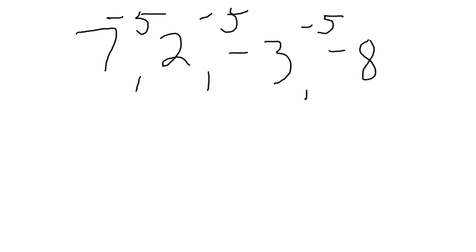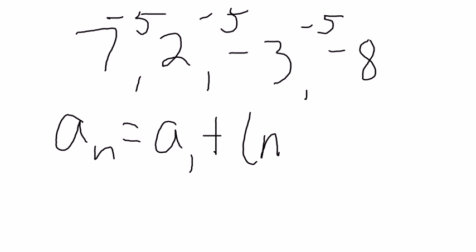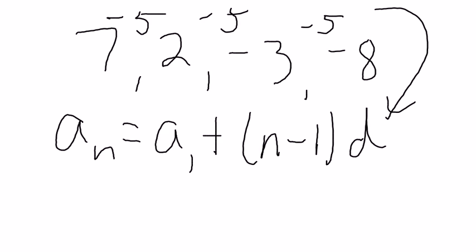We want to find the 14th term. Okay, but it asks for a formula. So remember, it's an arithmetic sequence. The explicit formula for arithmetic sequence is a n equals a 1 plus n minus 1 times d. All right, d is a common difference, so we already know -5 is d. So let's write this formula out. We have a n equals, what's a 1?